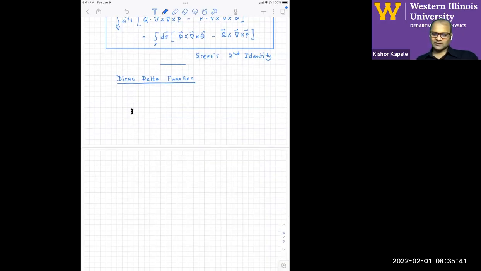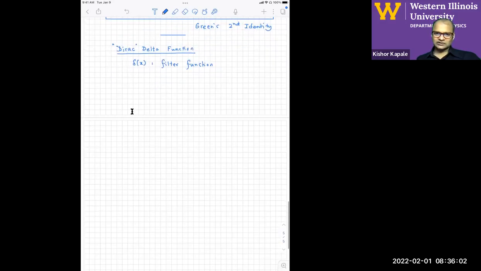So this is something that you could see, it's named after a physicist, not a mathematician. It's the Dirac delta function. And it's essentially a filter function. Right? You think of the delta function as a filter function. It filters out some specific values that you are looking for.